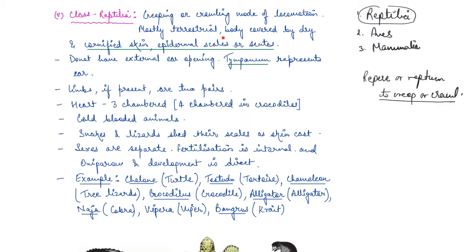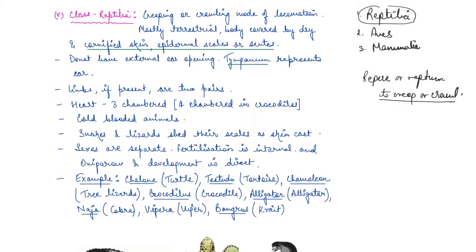Now they are mostly terrestrial, and their body is covered by dry and cornified skin, or maybe epidermal scales or scutes. Now they do not have an external ear opening, as in the case of amphibians as well. Tympanum represents ear.